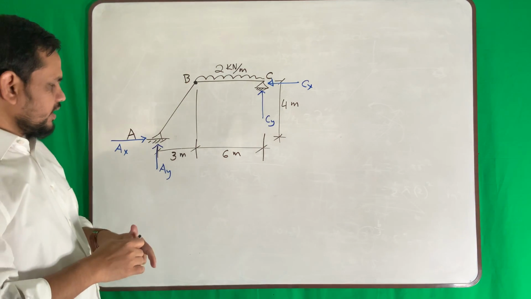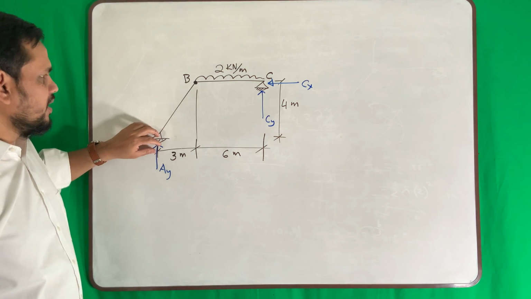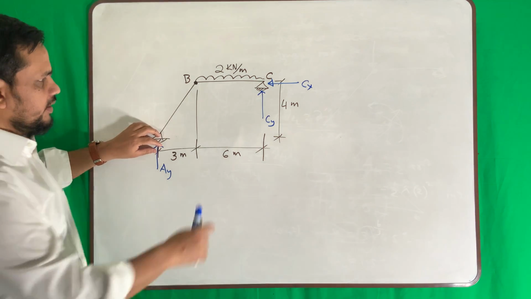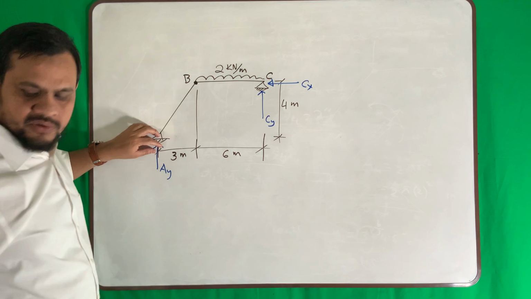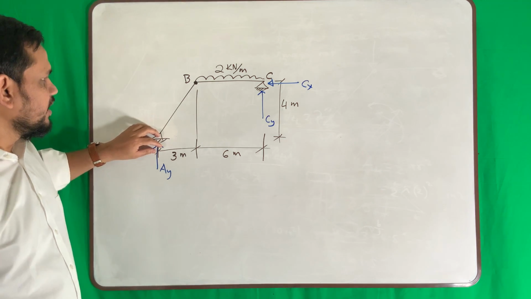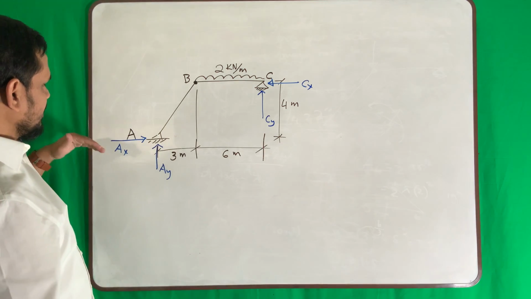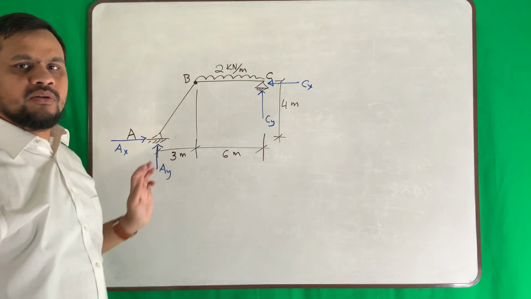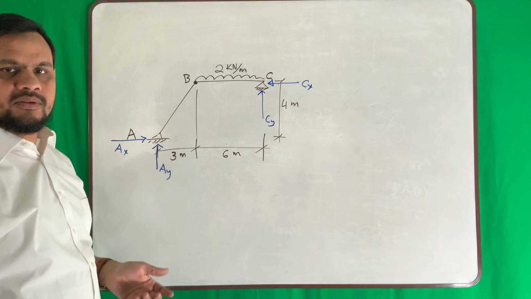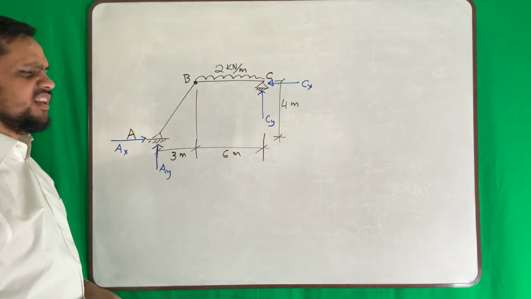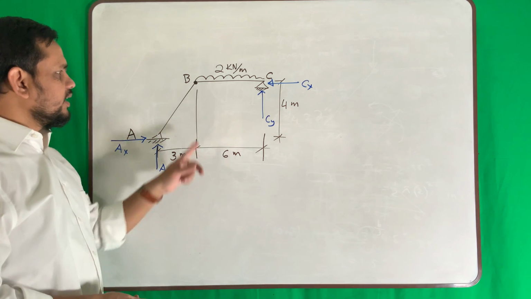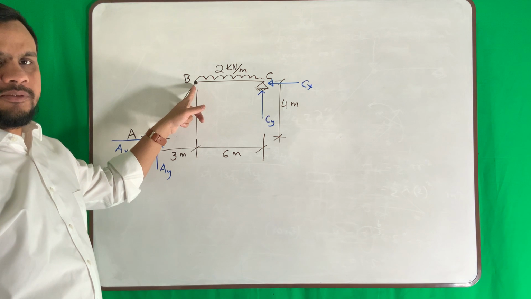Now, if you take a moment here, you can see two unknowns because both will give you moment. If we apply summation of Fy, two unknowns, summation of Fx, two unknowns, so nothing is working. What to do? There are so many ways. Simple way, you can detach here.